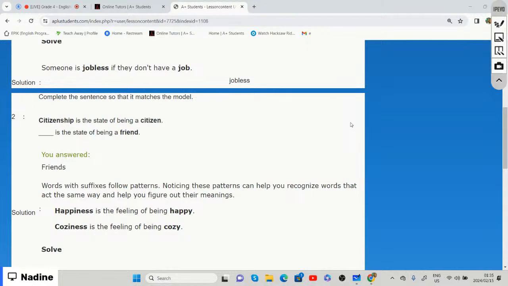So we said citizenship is a state of being a citizen. Guys, some of you are losing focus of what we're doing. What is a state of being a friend? Especially if you look at the suffix.